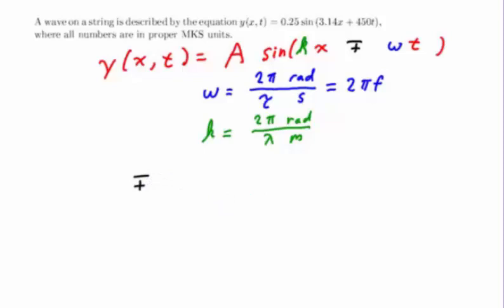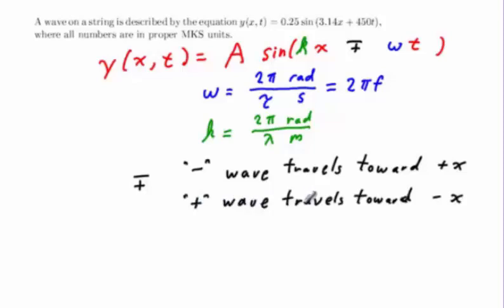This reminder indicates that something is backwards with regard to our thinking. The thing that is backwards is the direction in which the wave travels. If we use a minus sign, this indicates that the wave travels towards plus x. And if we use a plus sign, this indicates that the wave travels towards minus x.